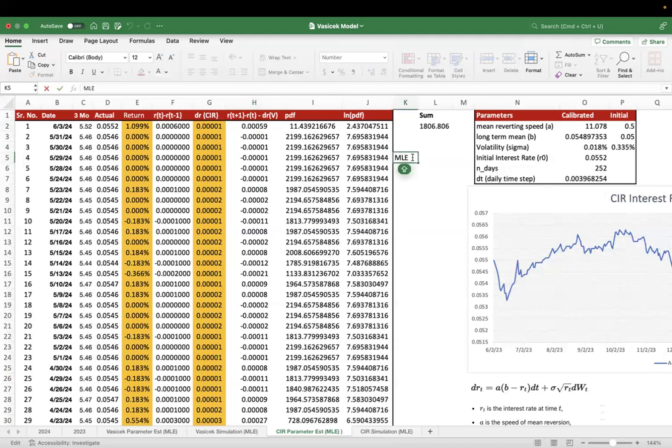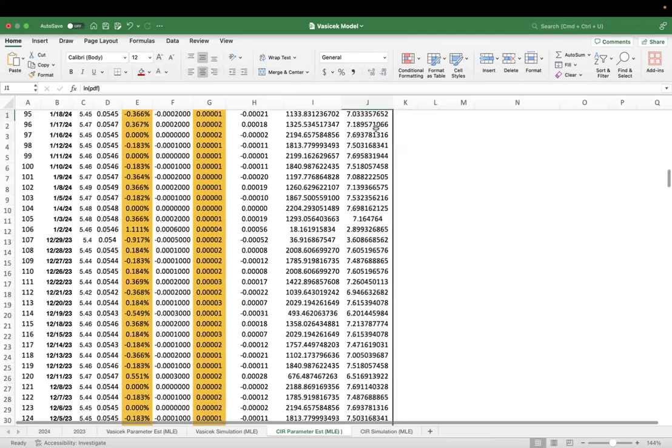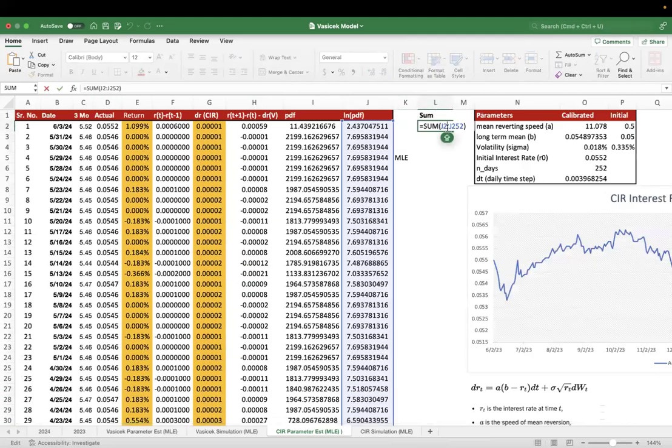But how will we maximize this likelihood estimator? Once we calculate the log of the PDF till the end, we just take the sum of it. Now the goal is to maximize this value.